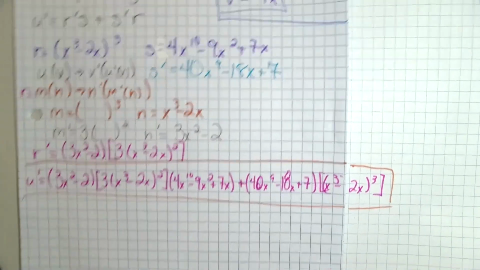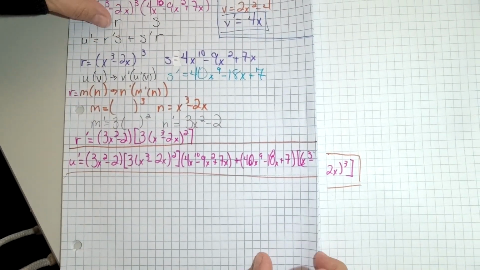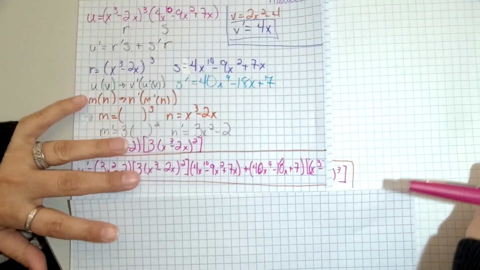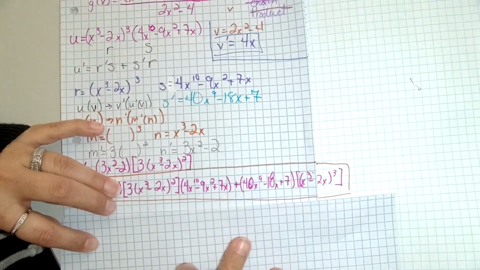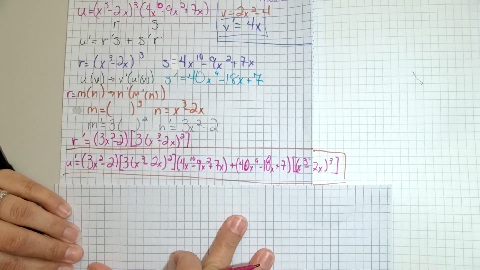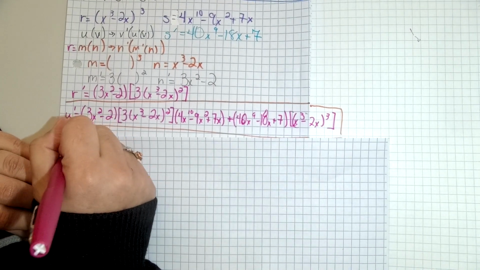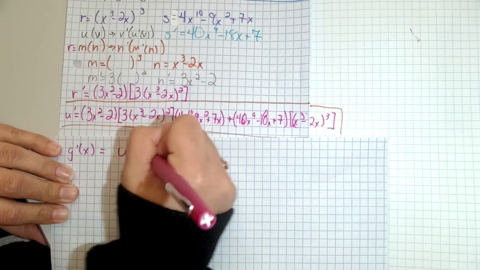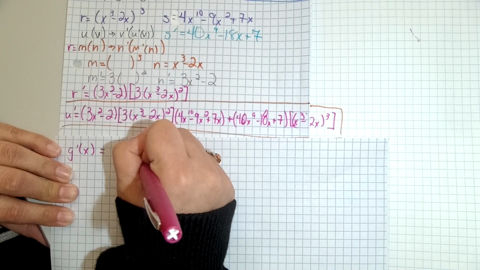All right, I have to zoom out to make it all fit on one page, guys. Okay? All right. Sorry. Quotient rule is G prime of X equals U prime V minus V prime U all over V squared.